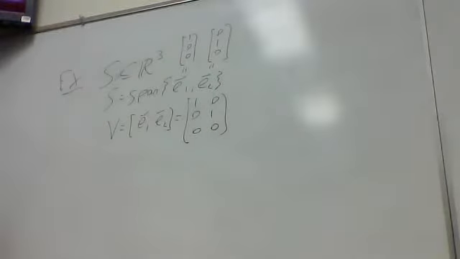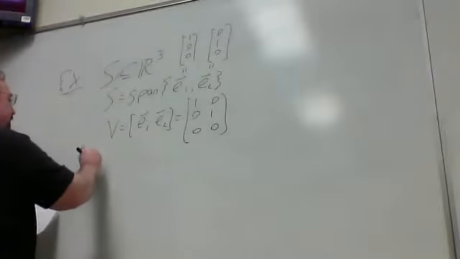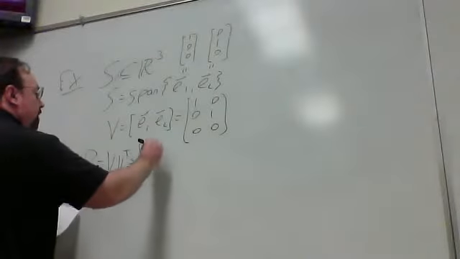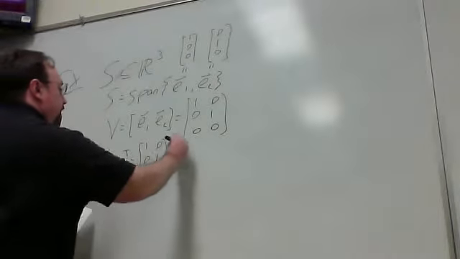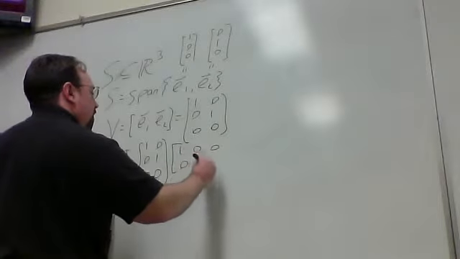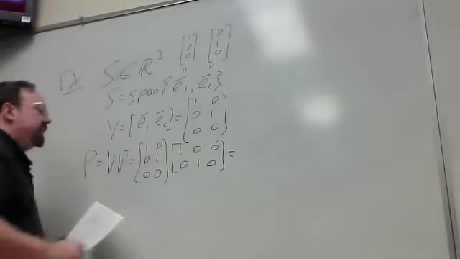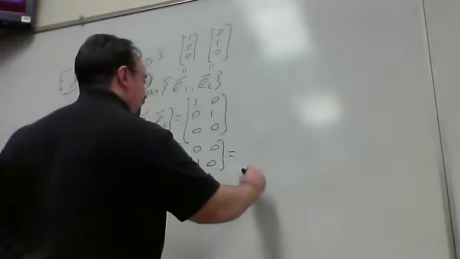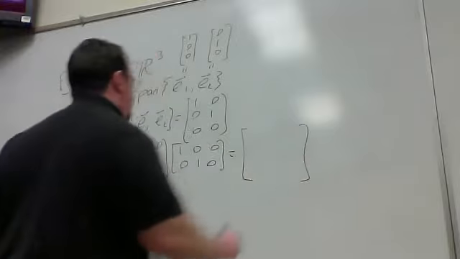Now what I can do is form a projection onto S. So that'd be V, which is 1, 0, 0, 0, 1, 0, and then V transpose would be 1, 0, 0, 0, 1, 0. If I go ahead and carry out this matrix multiplication, I'm going to get a 3 by 3 matrix.